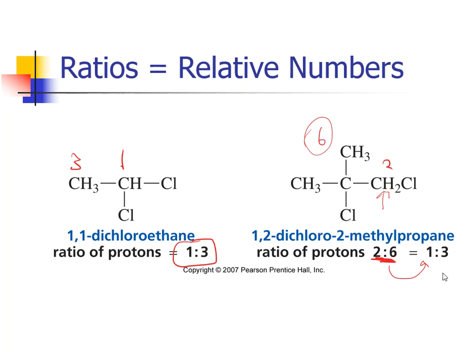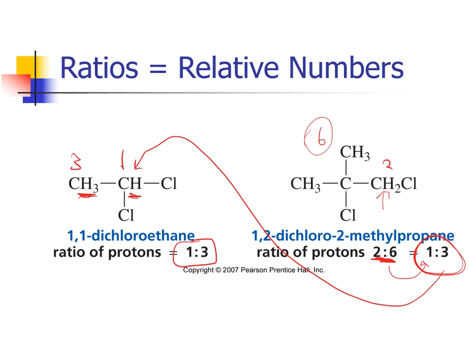So if I do some work on integral trace and I end up with a ratio of 1 to 3, that could mean an actual 1 hydrogen and 3 hydrogens, just like it did in our previous example. That is what that meant. But I also have to keep in mind that is the basic ratio of them.